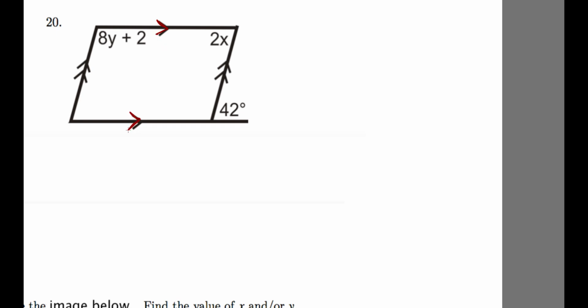So these lines here or segments are parallel, and then these match with this. So let's talk about some relationships here. This angle and this angle are on alternate sides of this transversal.